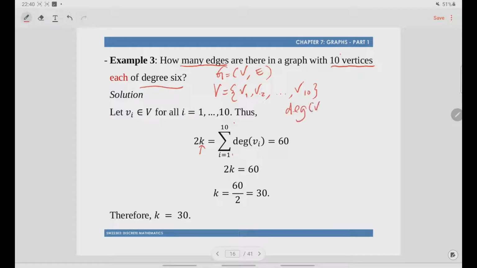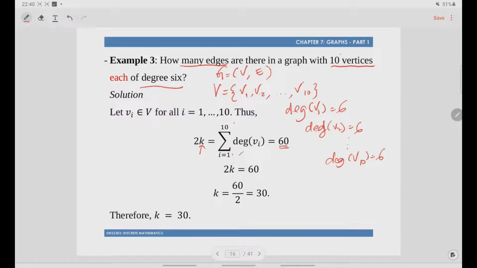Degree of V1 is equal to 6, degree of V2 is also equal to 6, and up to degree of V10, also equal to 6. So 6 times 10, we have 60. Now it's easy for us.